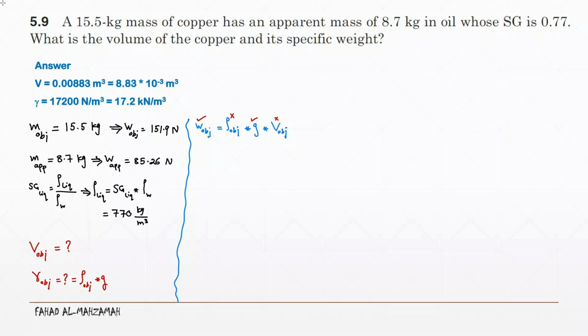Now, in the question, he said that there is an apparent mass. Okay. So since there is apparent mass, it means the object is sinking. Okay. So we can say that since we have apparent mass greater than 0, therefore it is sinking.